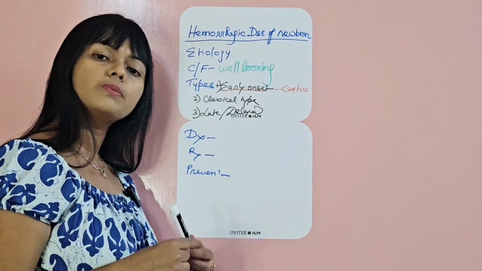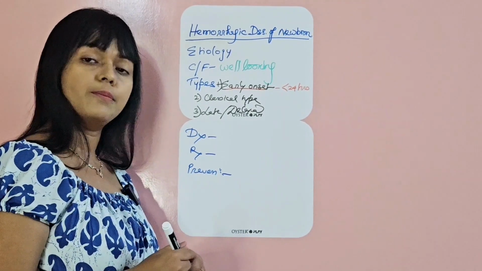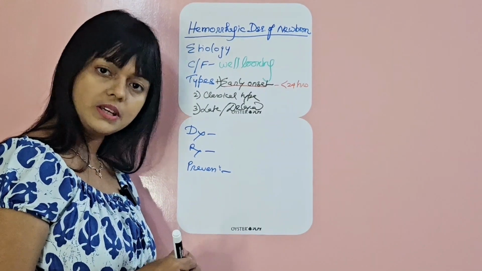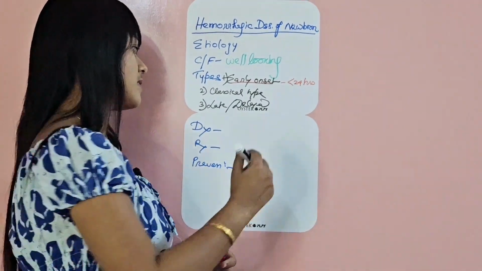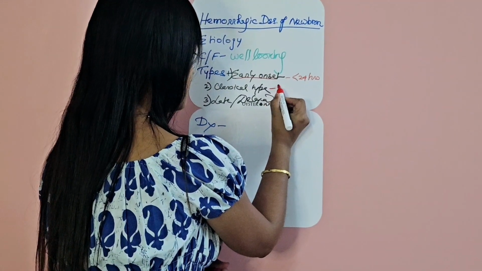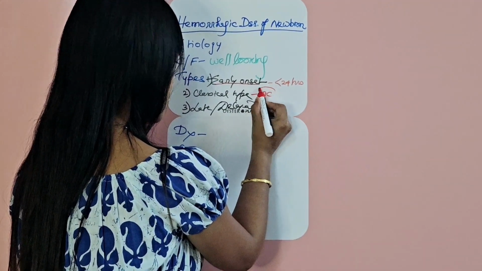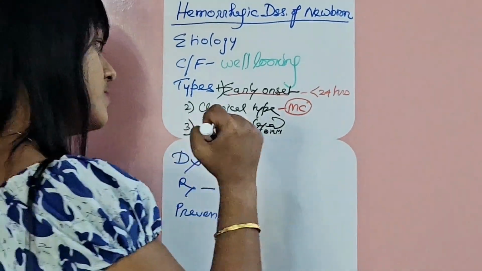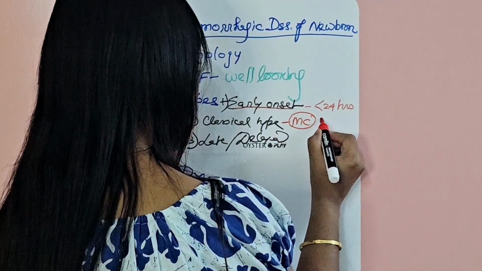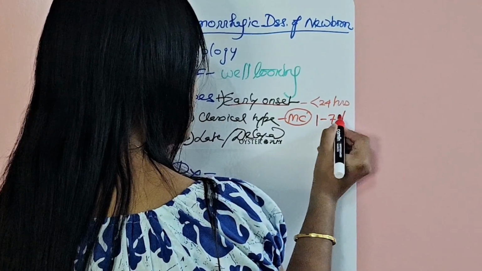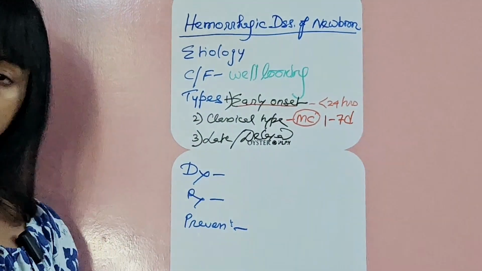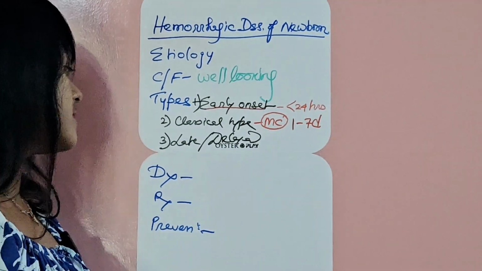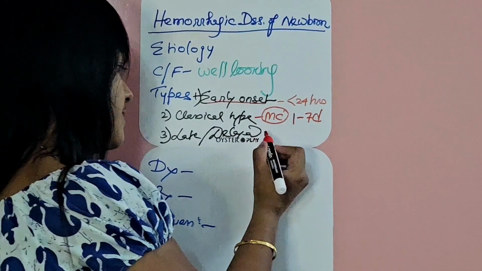Clear? And what will be the manifestation? There can be cephalhematoma, there can be intracranial bleeds. Next is the classical type. This is the most common type, and this manifests between 1 to 7 days of life. Clear?